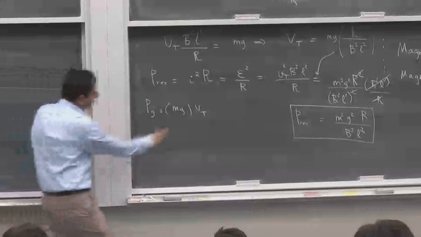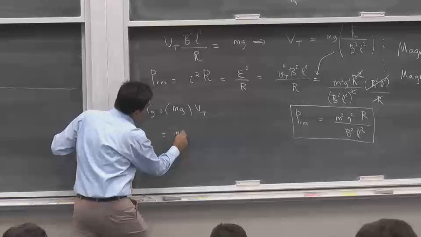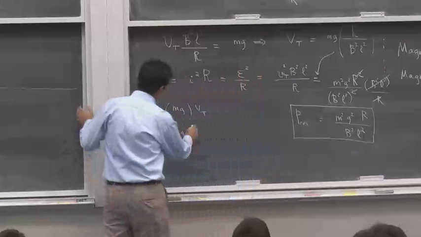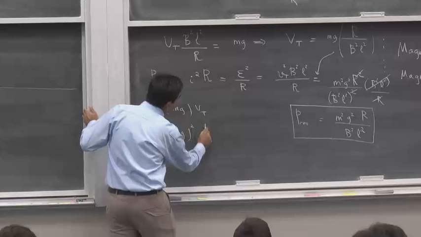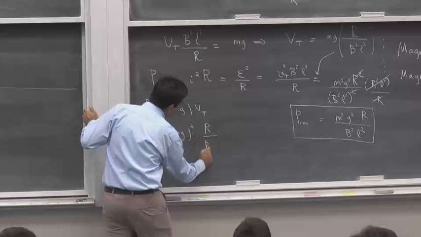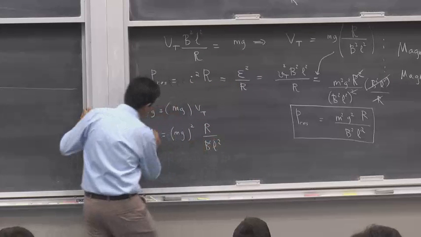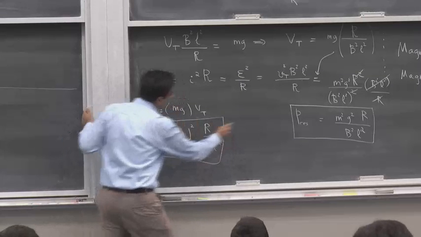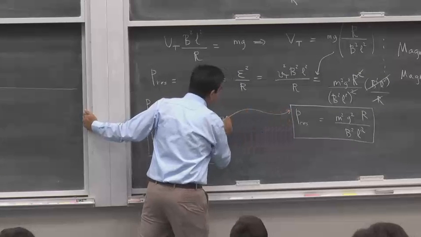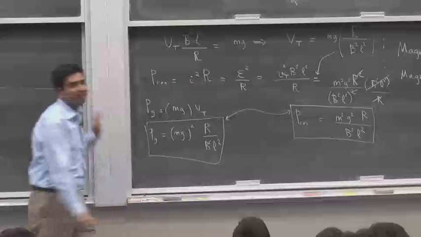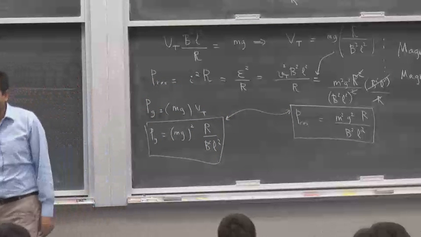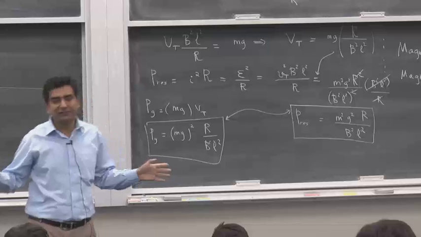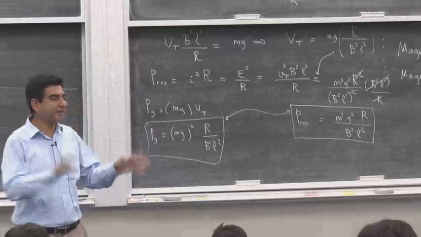So this terminal velocity, once again, is given here, and I have m squared g squared R over B squared L squared. The power delivered by gravity equals the power that is dissipated inside the resistor. So all of this power is being delivered by the force of gravity. The magnetic field is not doing any work. All the work is being done by gravity.